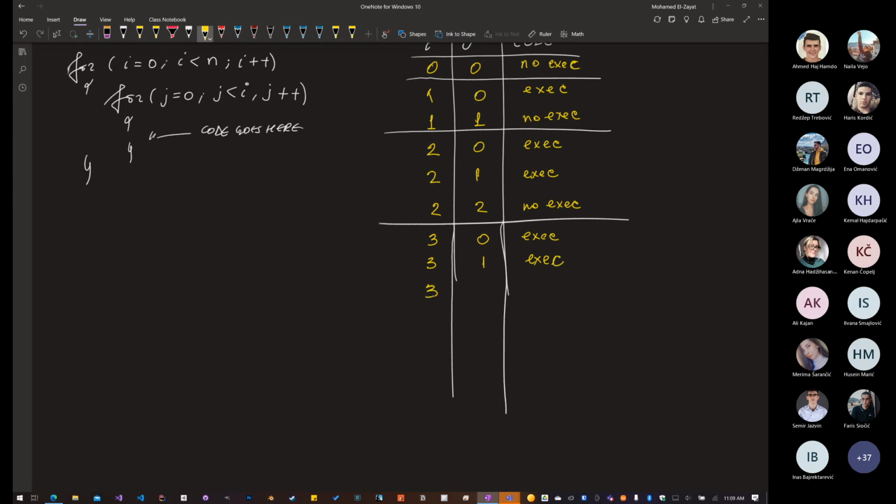Then 3 for I and 2 for J, and we have an execution. Then another 3, J becomes 3, and we have no execution, because 3 is not less than 3. And then you carry on. I'm not going to go to 4 because you already see the pattern here. This will go on.